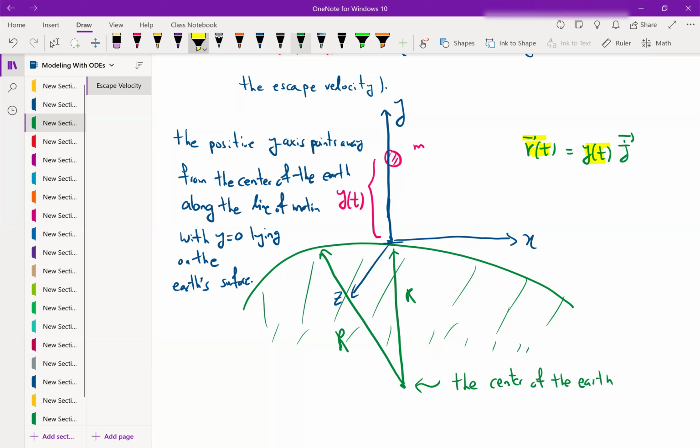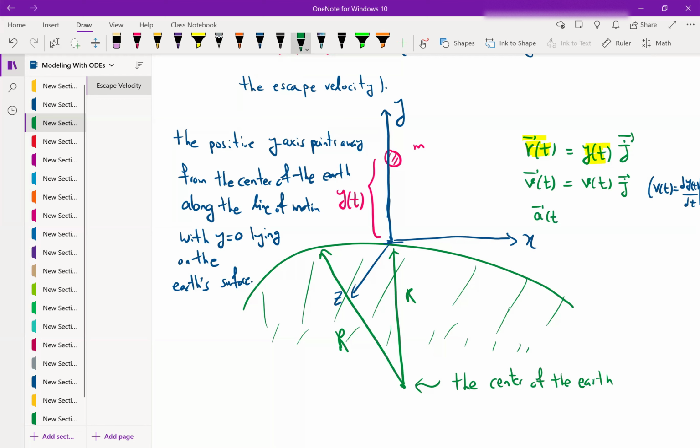And then what will be the velocity? The velocity vector is the derivative of the position vector, which will be dy/dt times j. I'm going to denote dy/dt by little v of t, as I did in other problems. So little v of t is the derivative of y with respect to t. And then what will be the acceleration?